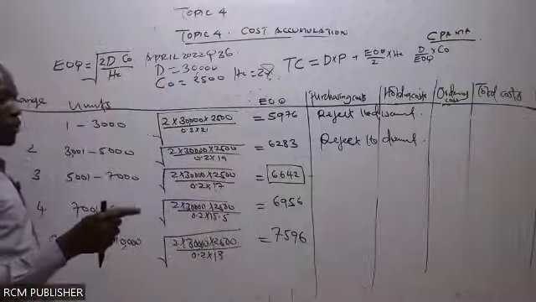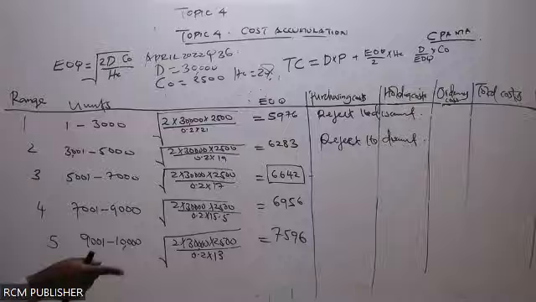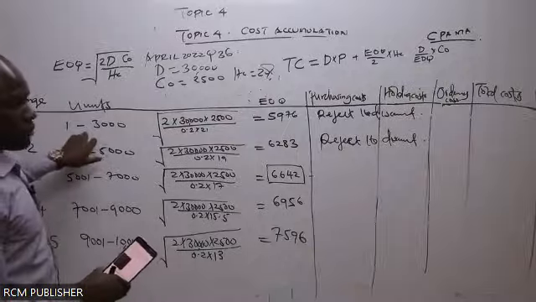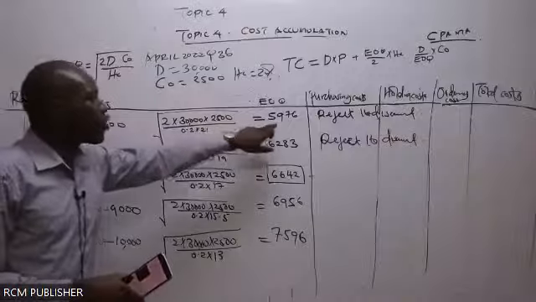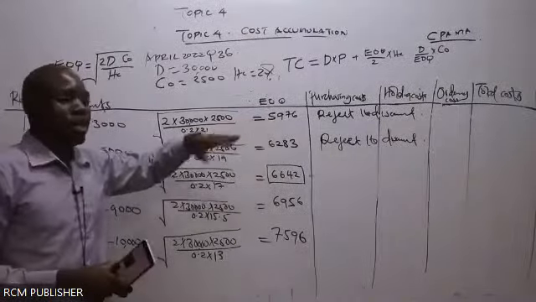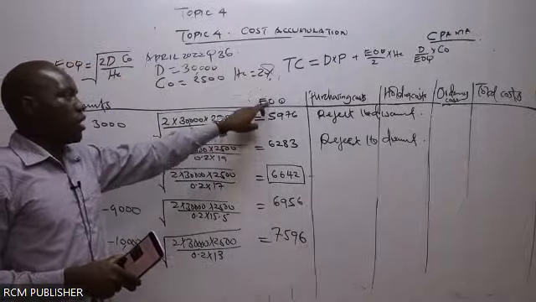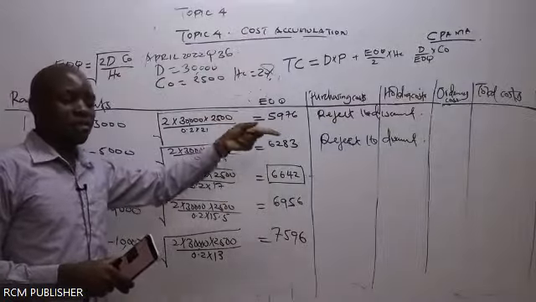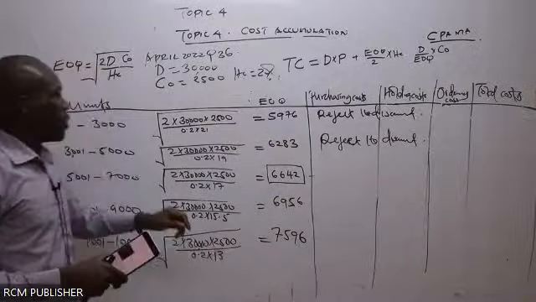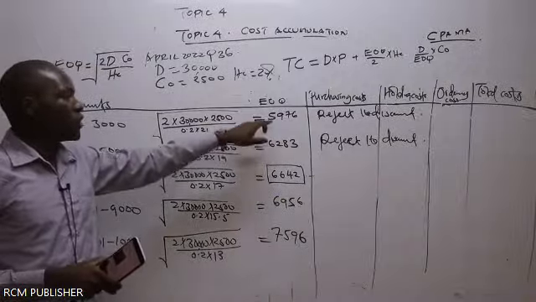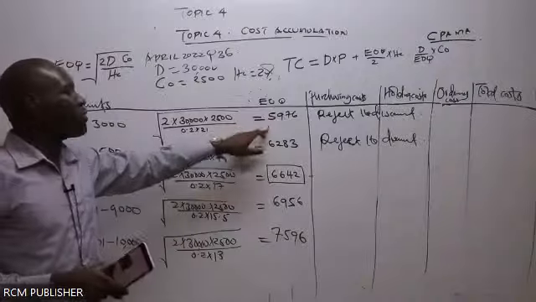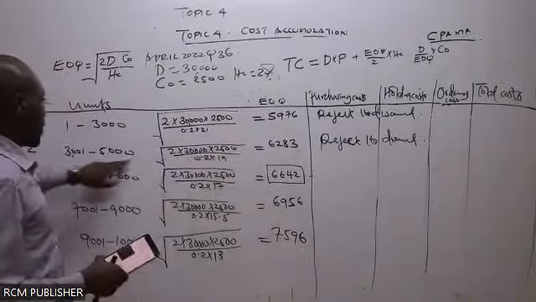Now, this is what is bringing us to make you understand this. When the range was less than the economic order quantity here, we rejected the discount. We cannot order anything below the economic order quantity, but above is allowed. When we came to the second one, it was the same. So that's why we rejected the second range.